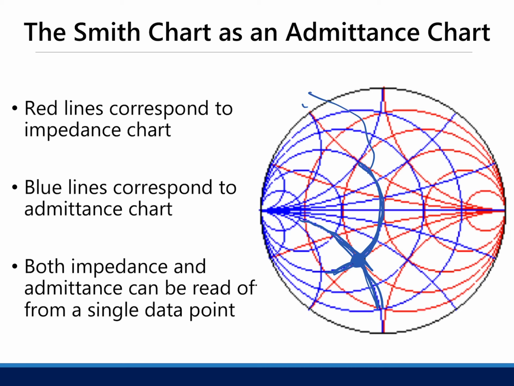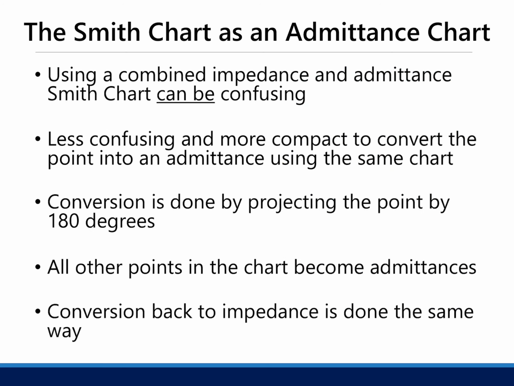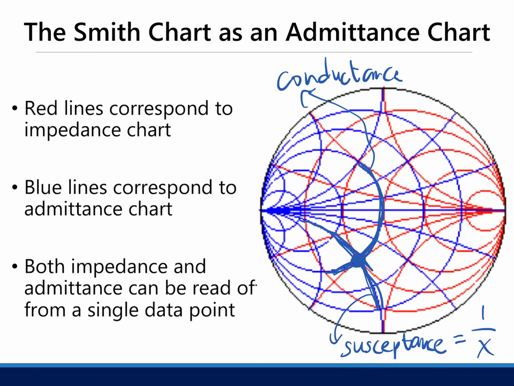This corresponds to conductance, and this one corresponds to susceptance. Susceptance, if you don't know, is the reciprocal of the reactance. However, if you mix and match both of them, it could be very confusing. My head hurts just looking at this.